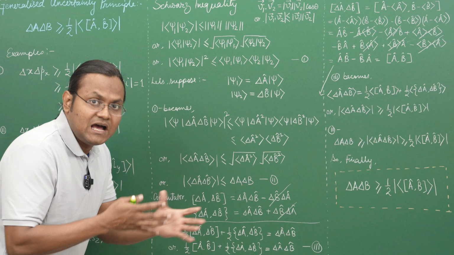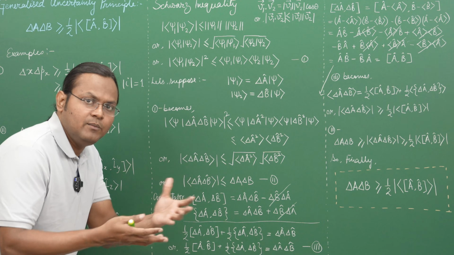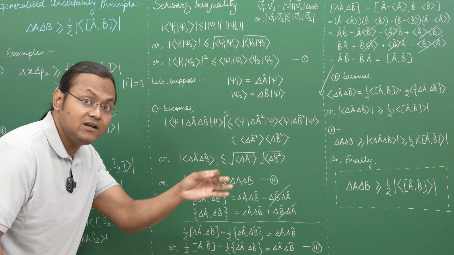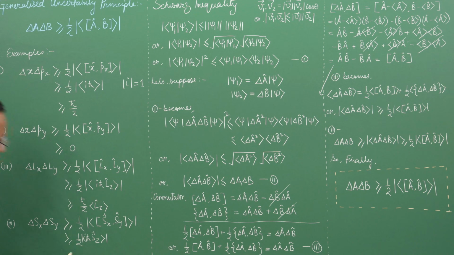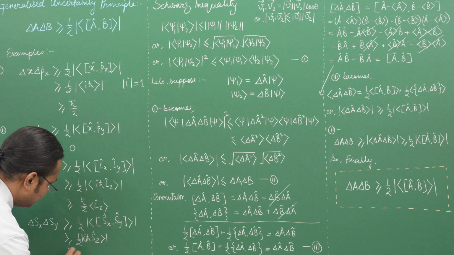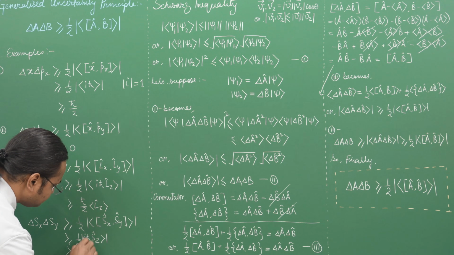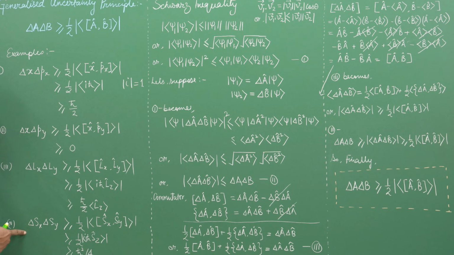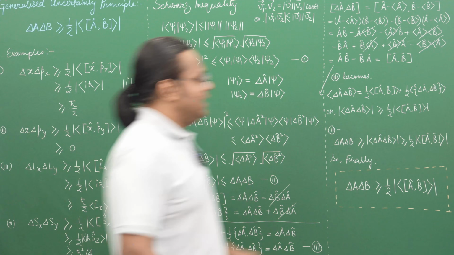Because an electron has half spin, the expectation value of the z operator is h cross by 2. So half of h cross by 2 and h cross by 2, this is going to be greater than or equal to h cross square upon 4. So the uncertainty in the measurement of x and y spin angular momentum components will always be greater than or equal to h cross square by 4 for an electron.